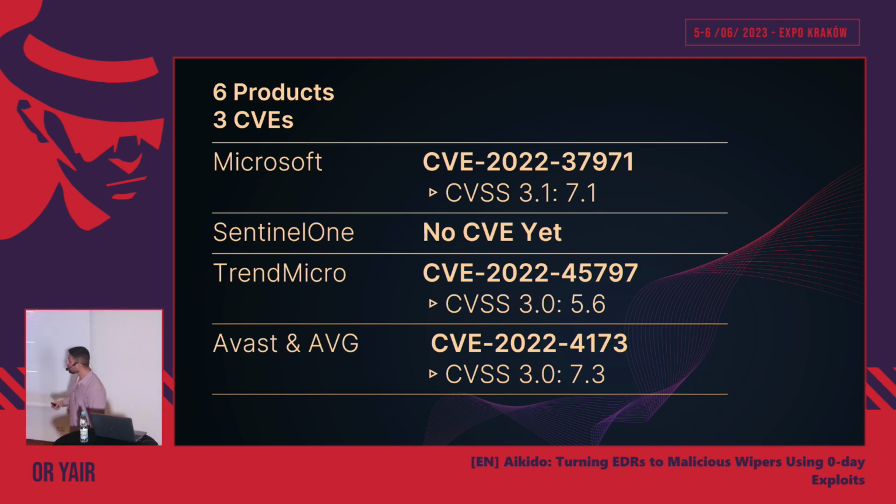Overall, it's 4 different vulnerabilities because the vulnerability in the Defender products is mutual in the same code. And this is true also for the Avast and AVG products, which belong to the same vendor, which is called Gen. So these are also the CVEs that you can see. SentinelOne chose to not issue a CVE.